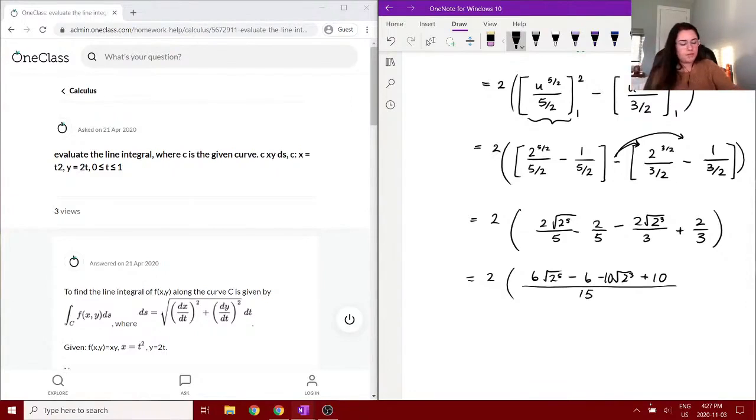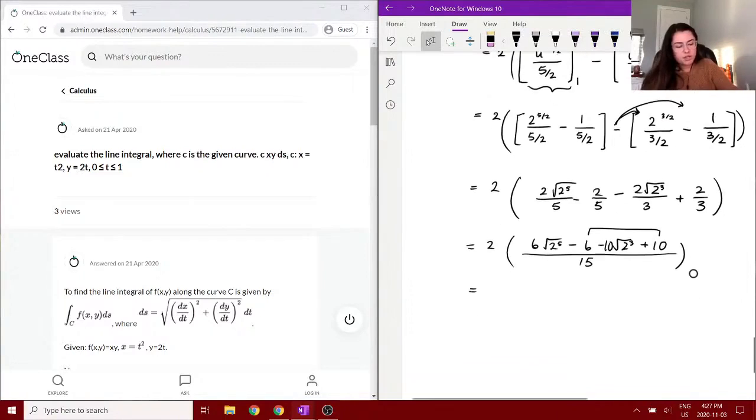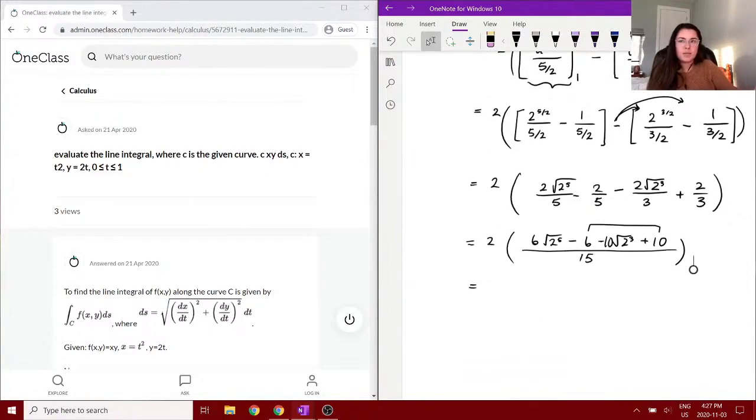Alright, now that we have this, of course you can just add these two together, but I'm just going to go straight to the final answer. If this is a calculus class, you might not be able to use a calculator, but if you are, then the final answer is 1.2876 rounded off. Alright, and that is the final answer.